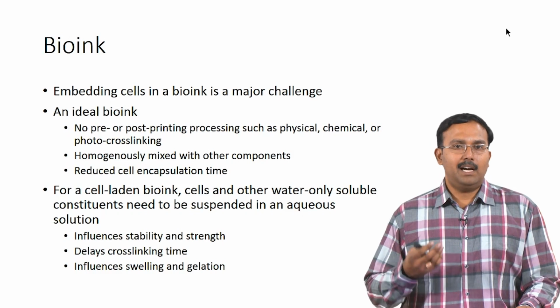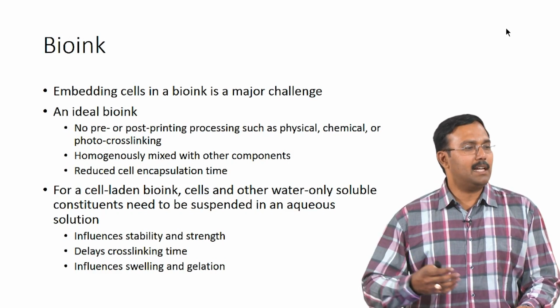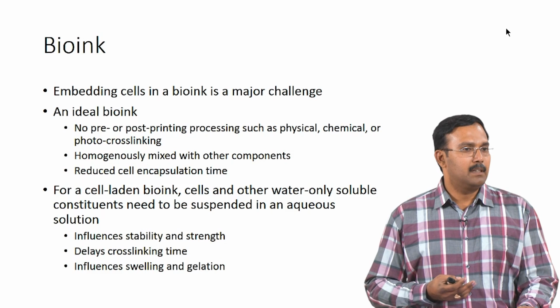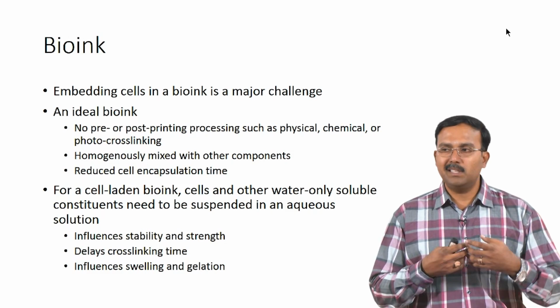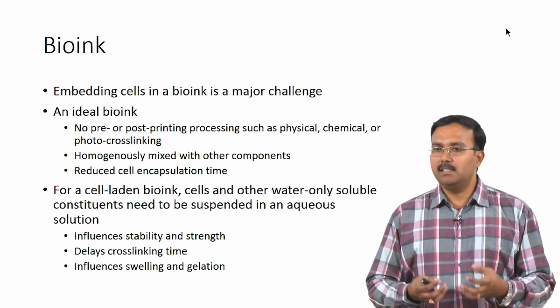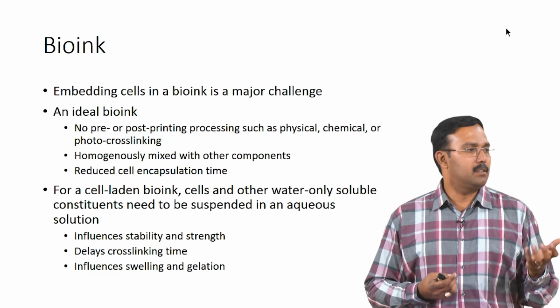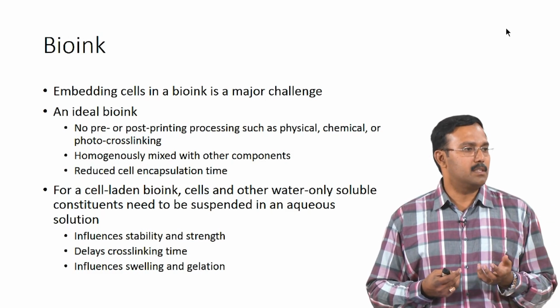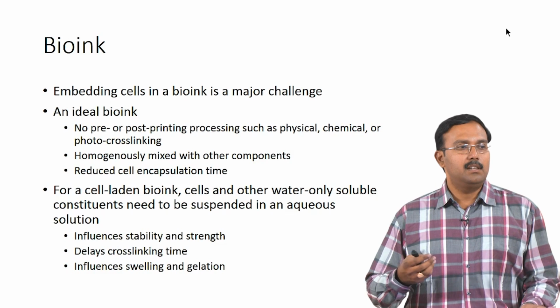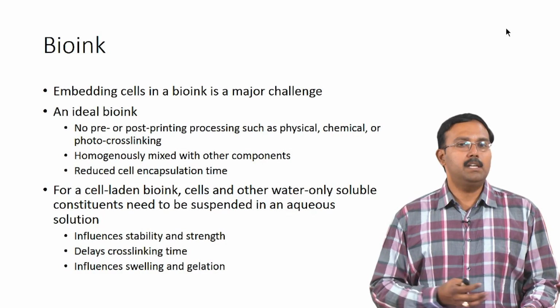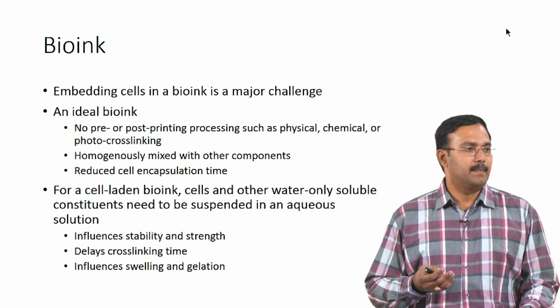So, you need to have a material on which everything can actually be homogeneously mixed. Because you might end up with something which is viscous, right. So, these inks are not going to be like aqueous solutions, these are going to be viscous solutions. Which means you need to have an ability to disperse things homogeneously.